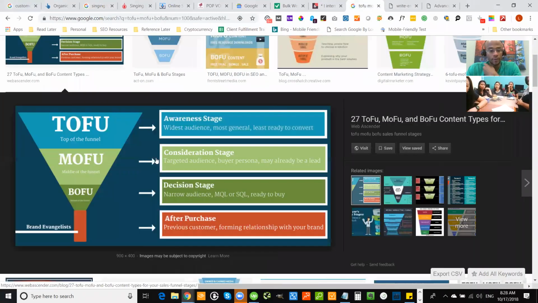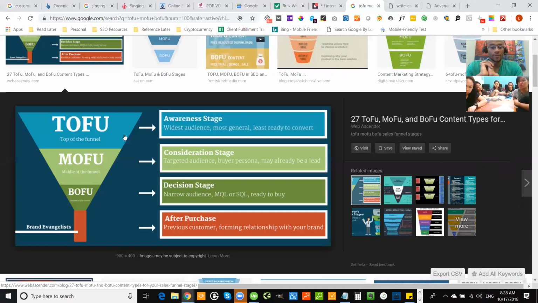So tofu, mofu, bofu. When someone is looking for something to buy online, you can think about it as a funnel. At the top of the funnel, tofu, you have the awareness stage. Let's use Jarek's example for photography. Let's say that Jarek also offers photography lessons.